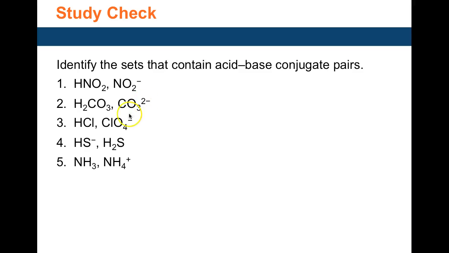Now these are unrelated. This is the perchlorate ion. This is HCl, hydrogen chloride. These two are related. So you have H2S, that's the acid. The H plus part comes off, and what you're left with is HS minus, its conjugate base. This is the base, and this is its conjugate acid.